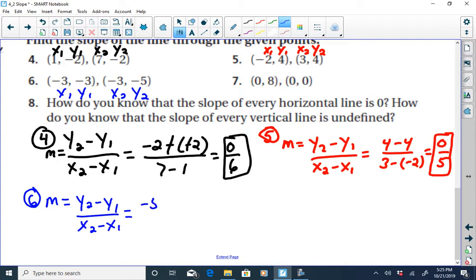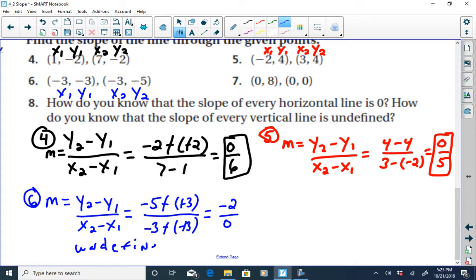That's going to be -5 in the numerator minus -3, and in the denominator, we're going to have -3 minus -3. Well, in the numerator, when we add the opposites, -5 plus 3, that's going to be -2. In the denominator, when we add the opposite, that's going to be 0. So this would be an undefined slope, because we cannot divide by 0.